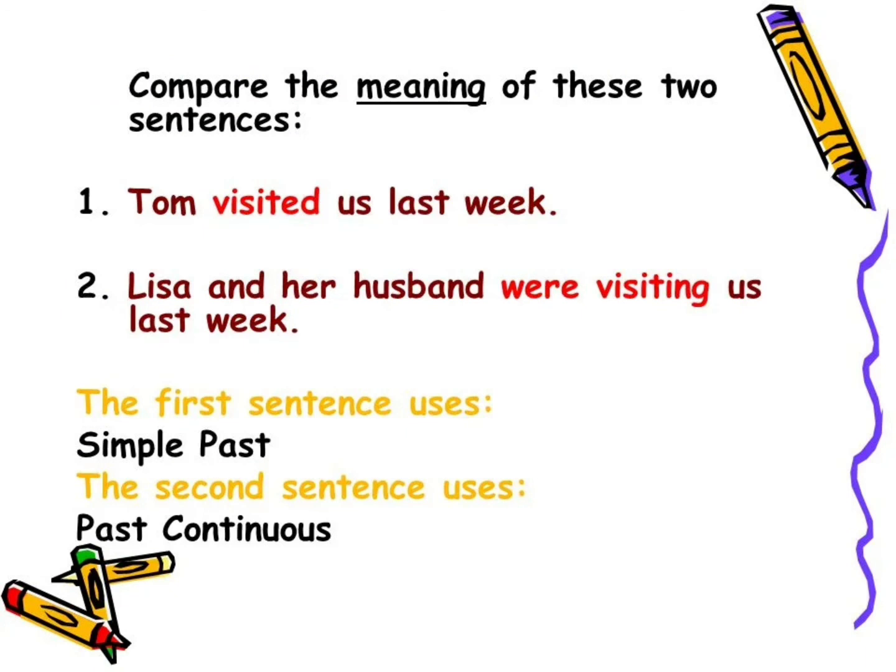Compare the meaning of these two sentences. The first, Tom visited us last week. The second, Lisa and her husband were visiting us last week. The first sentence uses simple past, and the second sentence uses past continuous.